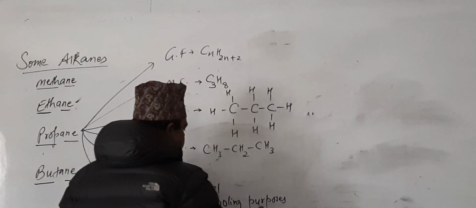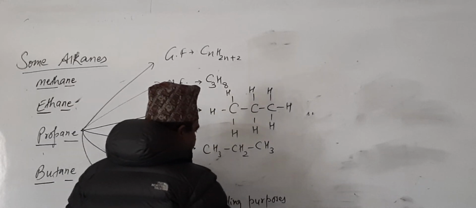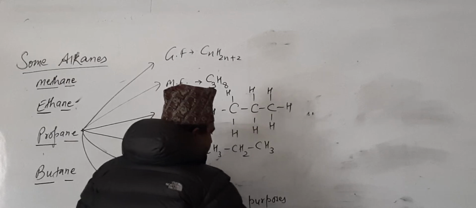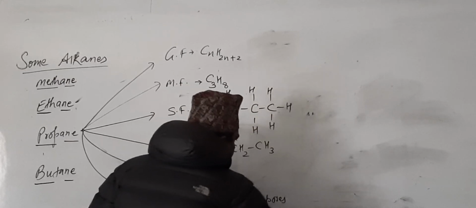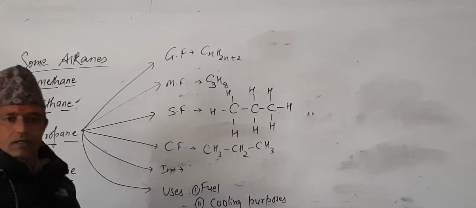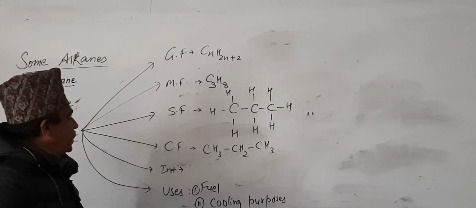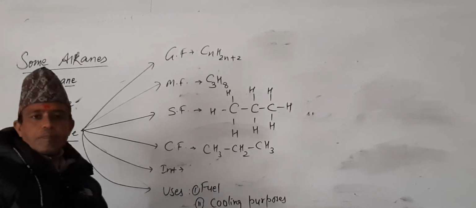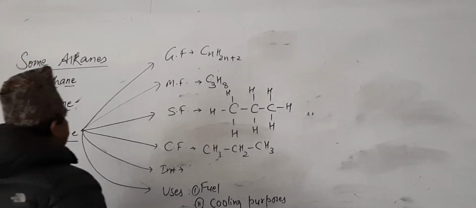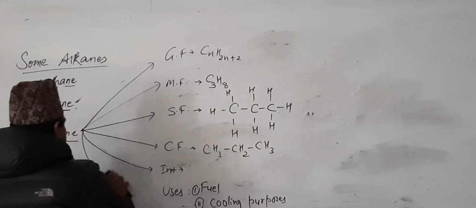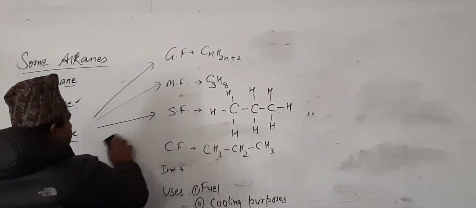You know the full form of LPG? Liquefied petroleum gas. The gas cylinder that is present in our house contains LPG, which means there is propane. So that is all about propane.